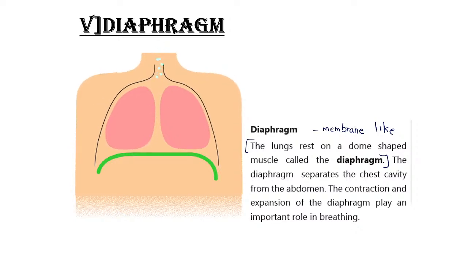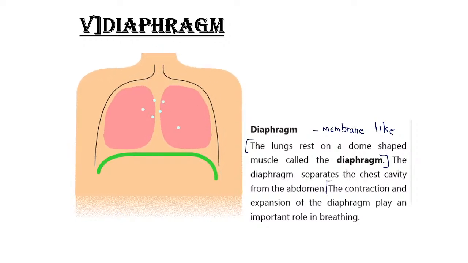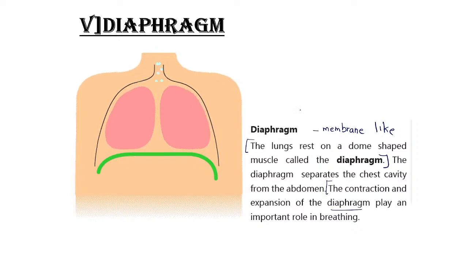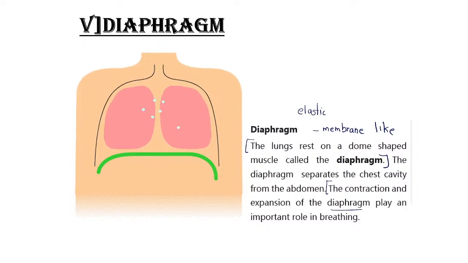During breathing in and breathing out, contraction and expansion of the diaphragm take place. And why does it contract? Because the diaphragm is a very soft, elastic membrane which can easily expand and contract.